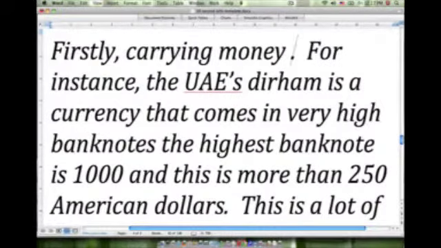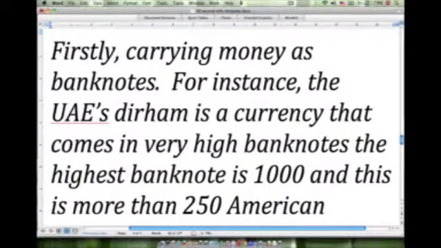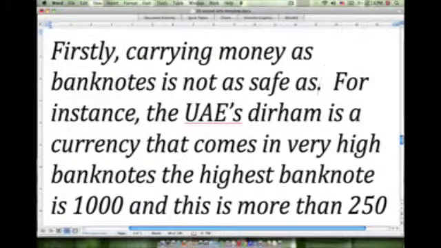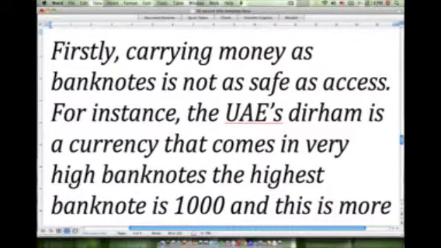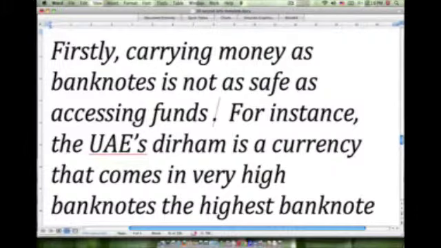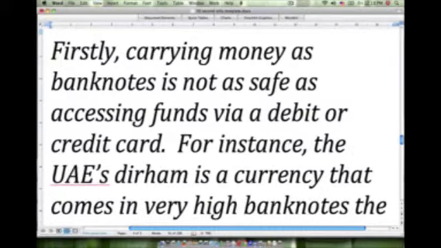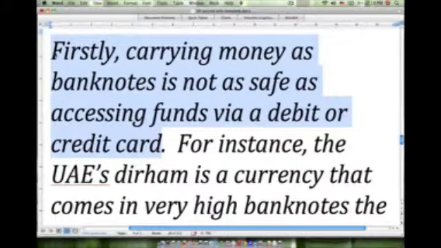Carrying money as banknotes is not as safe as accessing funds via a debit or credit card. Very simple. So now anybody that reads this topic sentence will understand our point. There will be no area where they feel unclear.